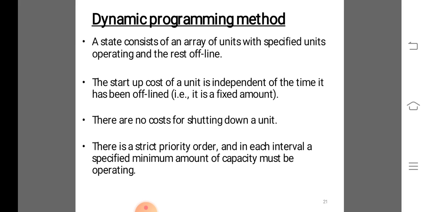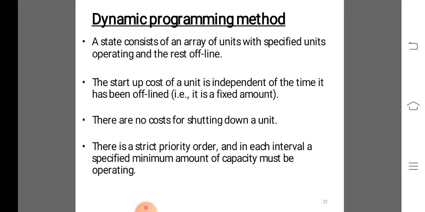Suppose we have four units in a system and any combination of them could serve the load. There would be a maximum of, for example, 2^4 minus 1 equal to 15 combinations to test.